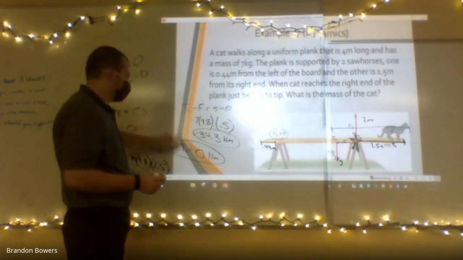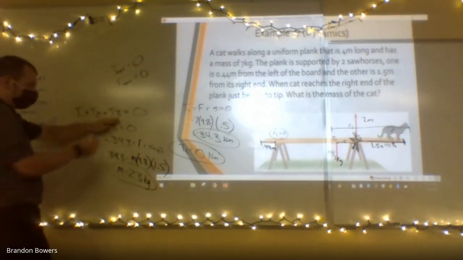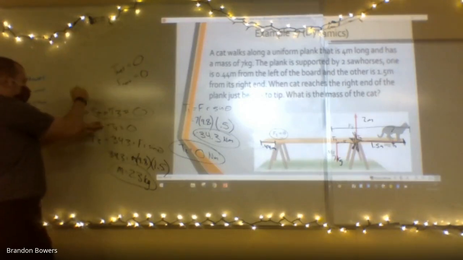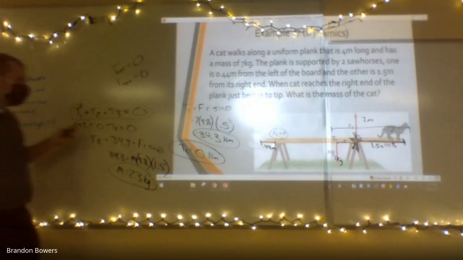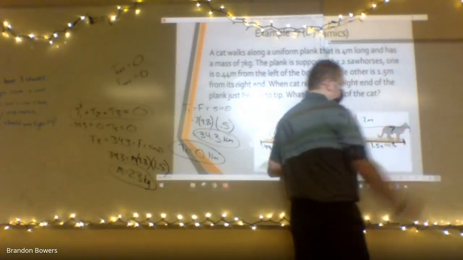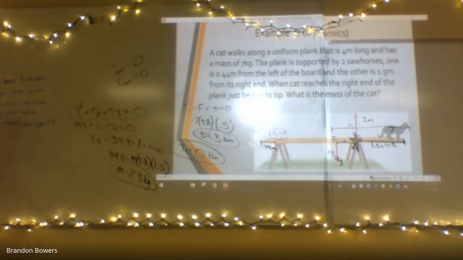So that gave us torque 1. Torque 2 was 0. Torque 3, well, we know our net has to equal 0. So we considered the mass of the plank right there. When considering torque 3, we're just focusing on the cat and what the mass of the cat is.